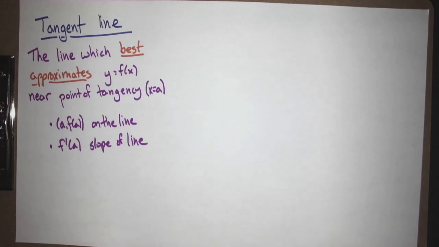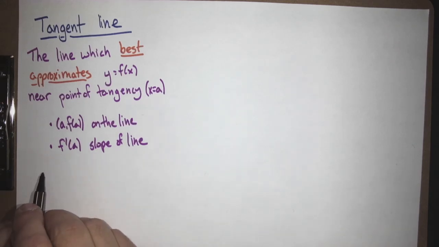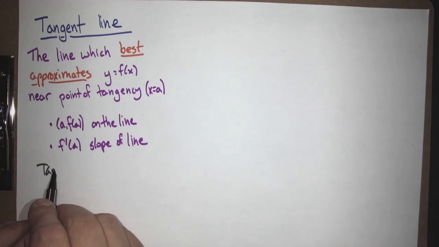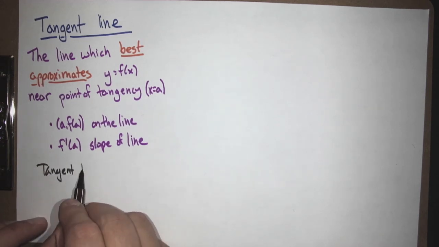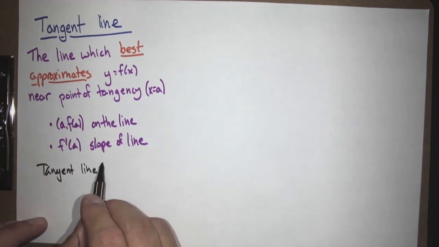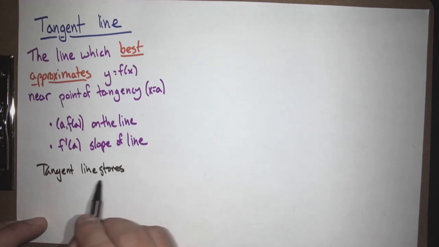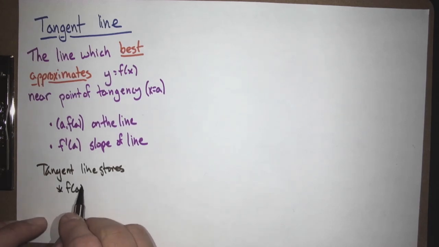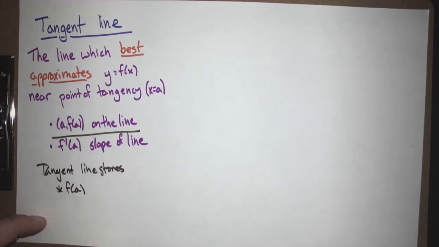And how does it store them? It says it here, but I just want to write it down again. It stores the value of the function. The way it does that is it says, hey, what's happening at A?